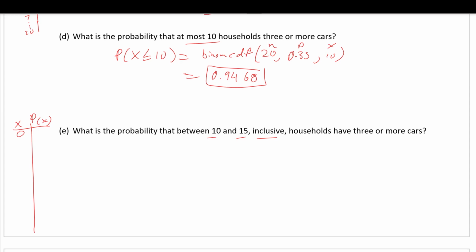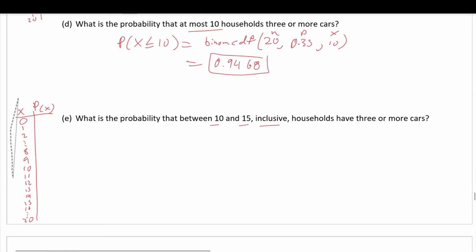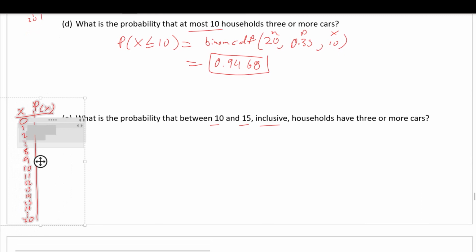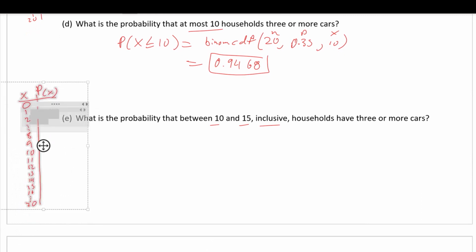I know I'm not going to draw them all, but 1, 2, ... 8, 9, 10, 11, 12, 13, 14, 15, 16, ... 20. I was running out of space there. All right, we're interested in 10 through 15, right? We're interested in here to here.